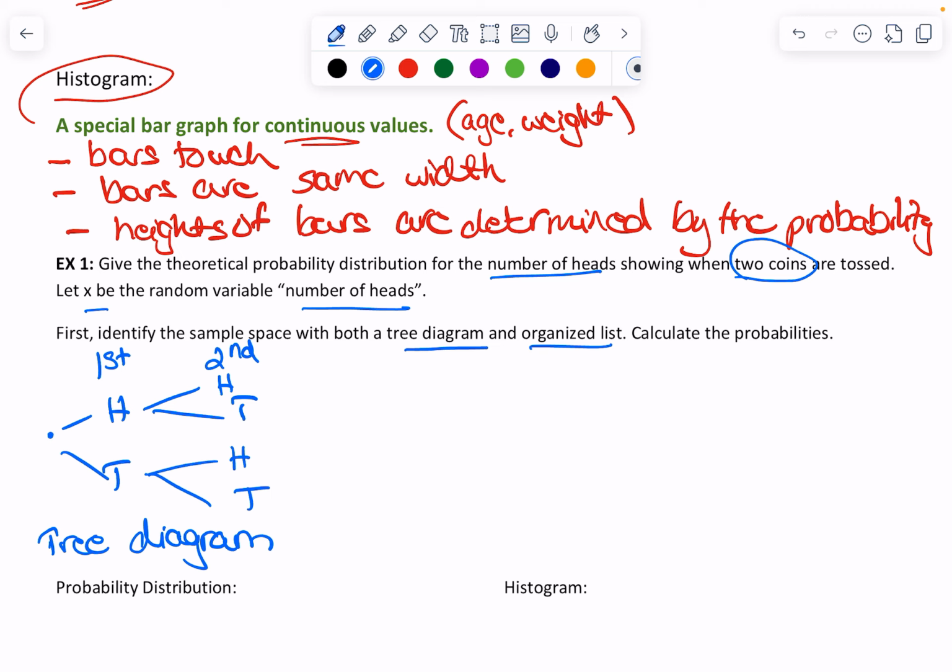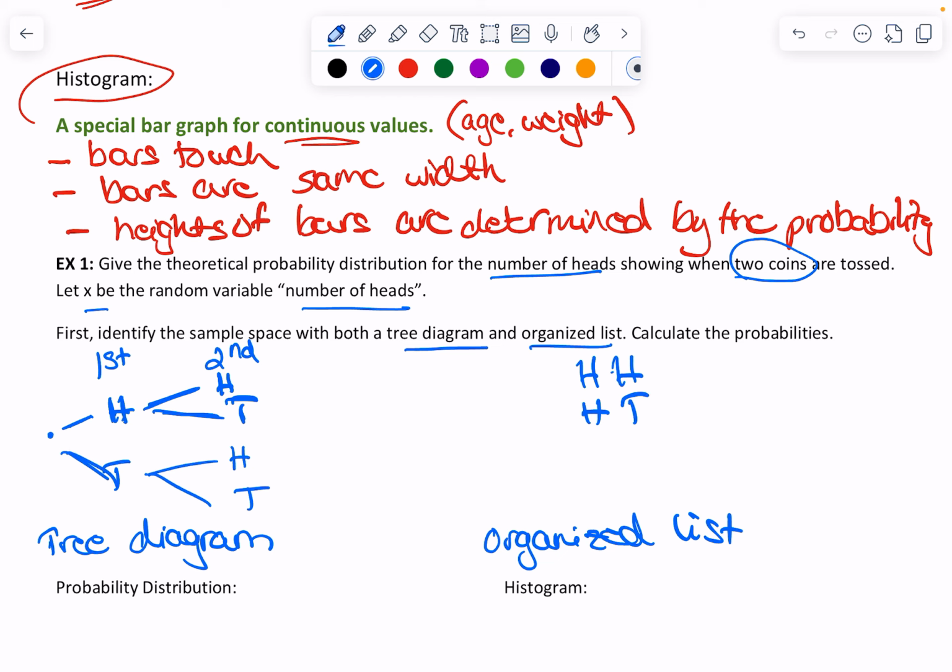Now we're gonna do the organized list here, and we're gonna do it from the tree diagram. So our first one is heads, and then our second one is heads or tails.